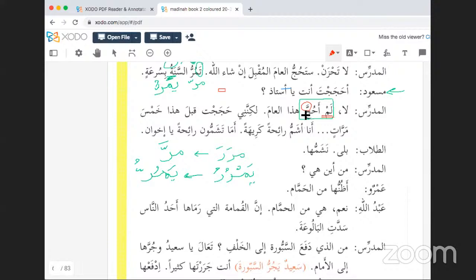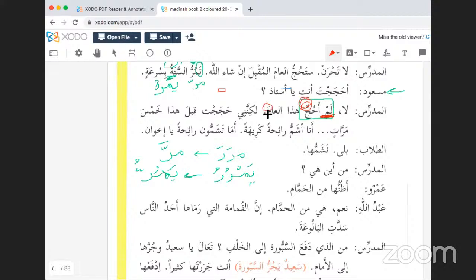Omar says fatha, and he's right. That's the reason why here there is a fatha. Why is there a fatha? Because of lam. Lam ahujja. No, I haven't performed hajj this year.